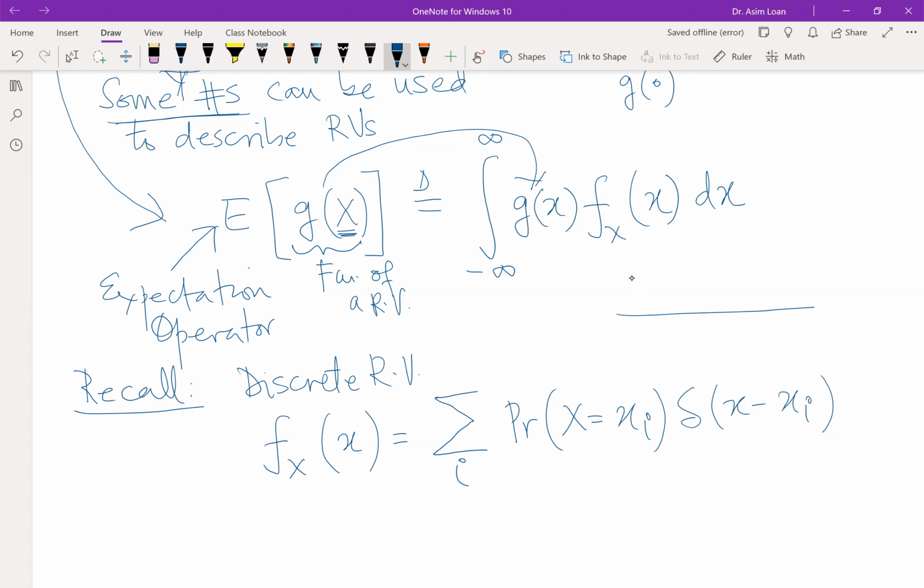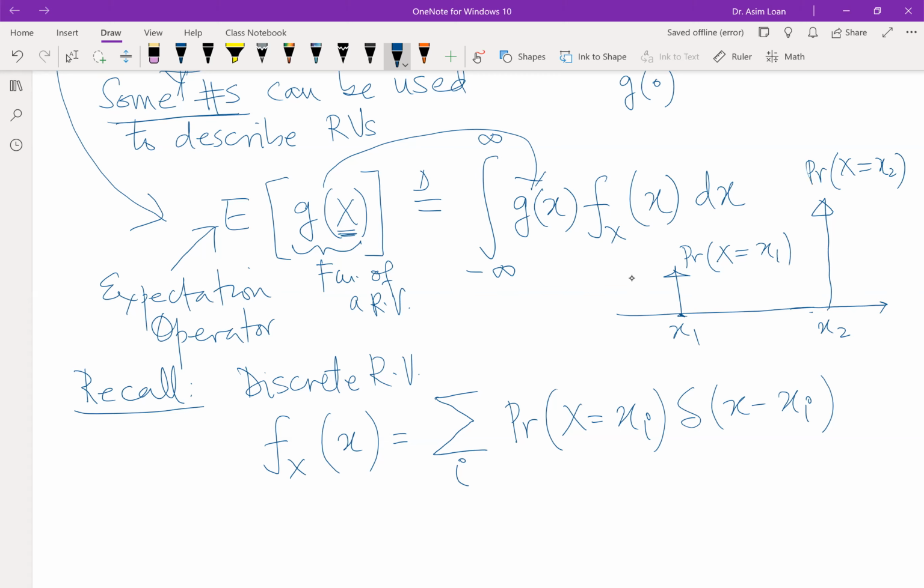Okay, so you have probability X equals x1, this is x1, and this one is x2. This is probability X equals x2. Okay, and this is your probability mass function.